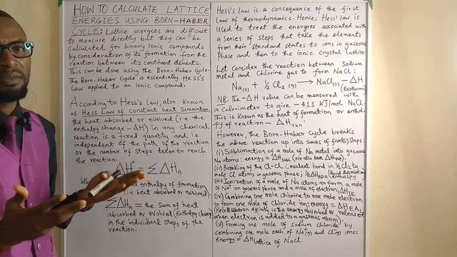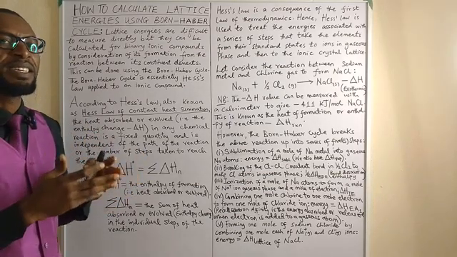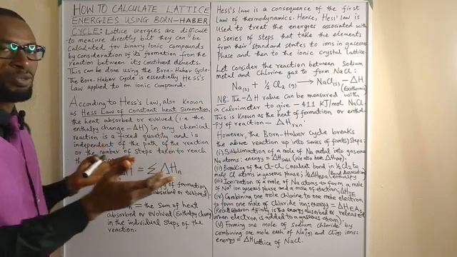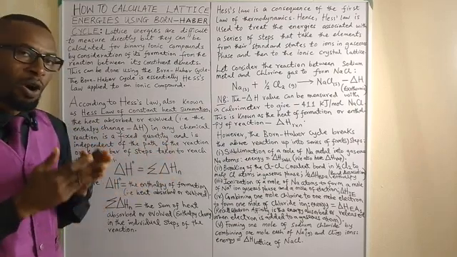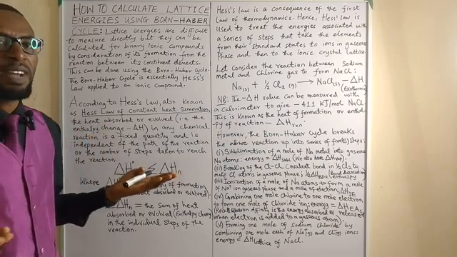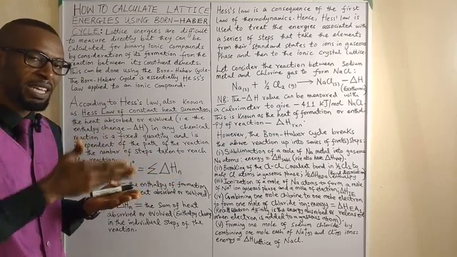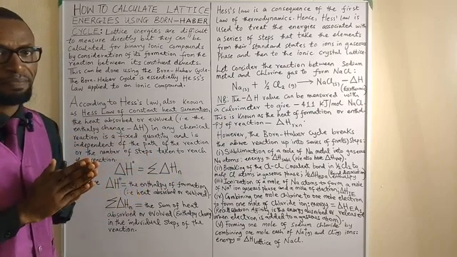It doesn't change. And this is independent of the path that the reaction took to get to completion, irrespective of the fact that some reactions proceed in different steps, and each of those steps involves different energies.